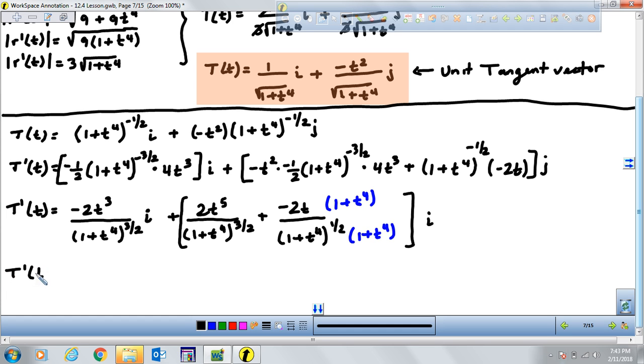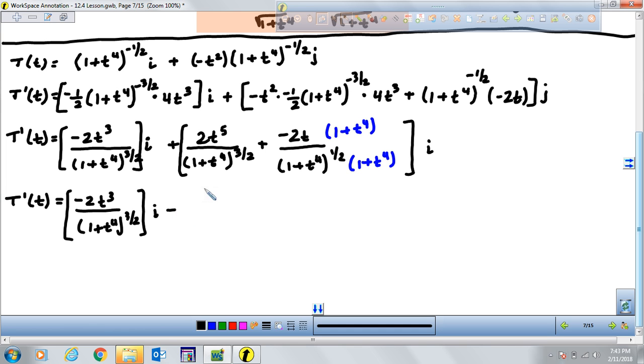So my derivative of the unit tangent vector is going to be negative 2t cubed over 1 plus t to the fourth raised to the 3/2. That's my i component right here. Then, plus, right here we're going to combine these two fractions, so that would be 2t to the fifth.